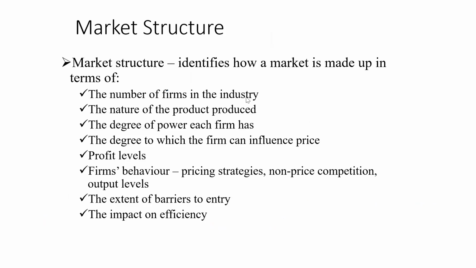The number of firms, the nature of the product, the degree of power or freedom to entry and exit, then how they can influence the price, then what sort of profit levels, because if you consider some organizations, for both the short run and the long run, they are earning supernormal profits.